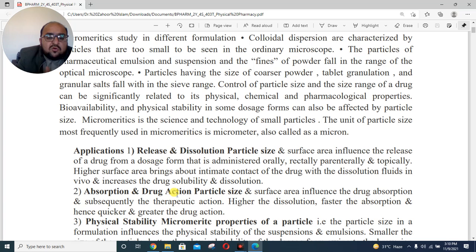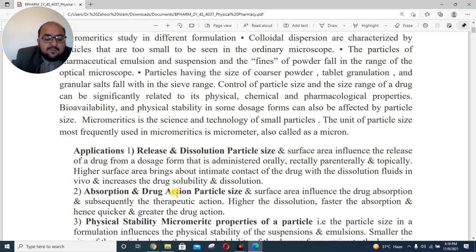So why is the role of micromeritics important? It means when the particle size of any formulation of any drug is reduced, ultimately its dissolution profile and the drug solubility will be enhanced.